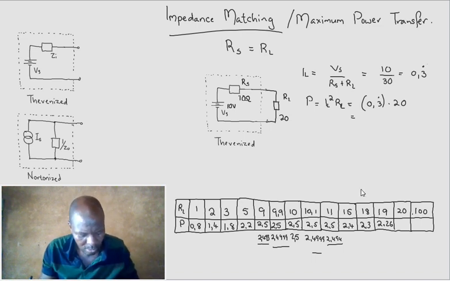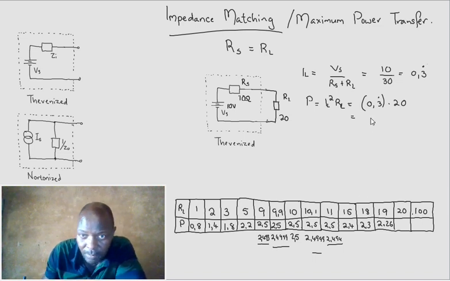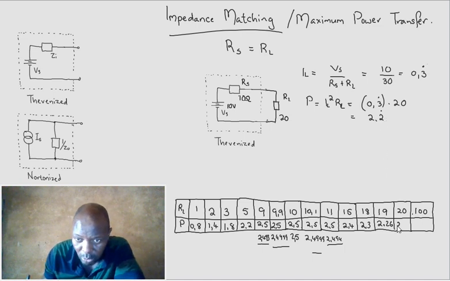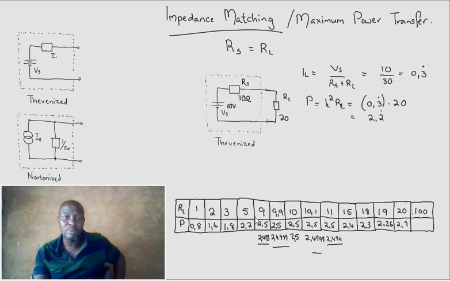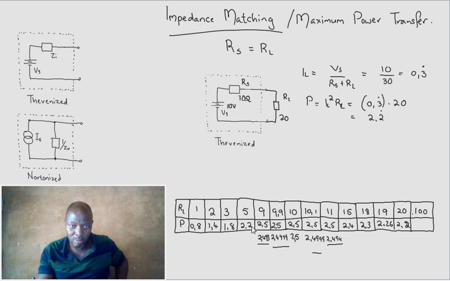That will be our power. This makes sense because this is actually half. We've moved half away from the load. Here we've gone double, so you can see it gives us the same value, 2.2. This was also 2.2. So it shows that it's a perfect cone. It's coming down perfectly. All right, let's go to 100.